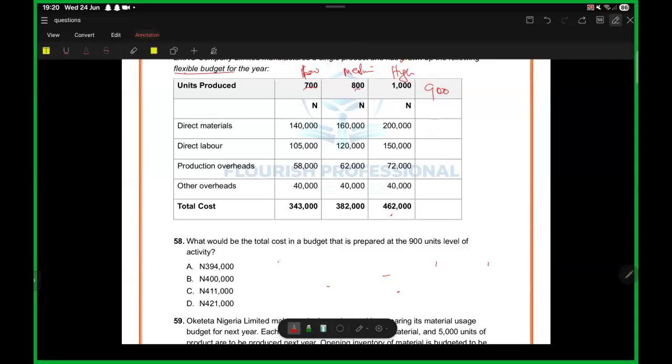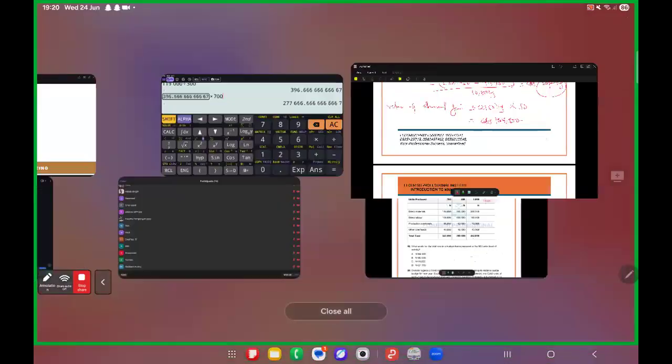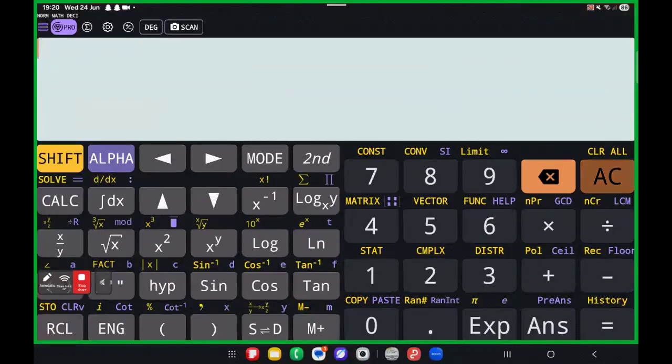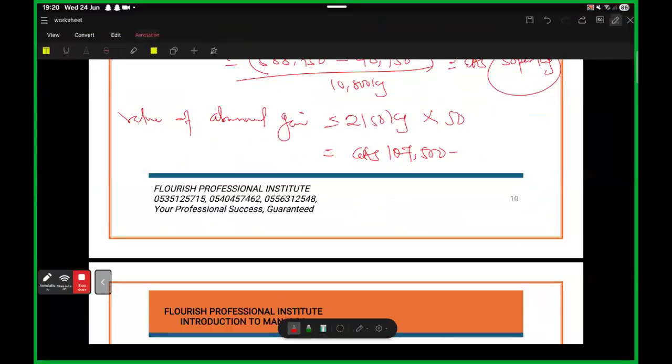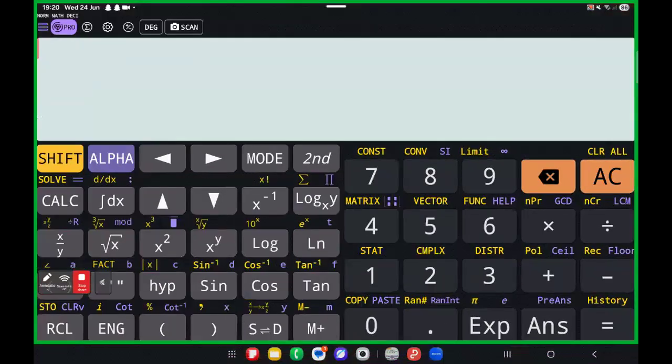I can pick the 700 units, the direct material here, which is 140,000. Where's my calculator? So I can pick the 140,000 divided by the 700. I should get 200. Someone may decide to pick the highest one, which is 200,000, divided by the 1,000 units, you should get the same 200.